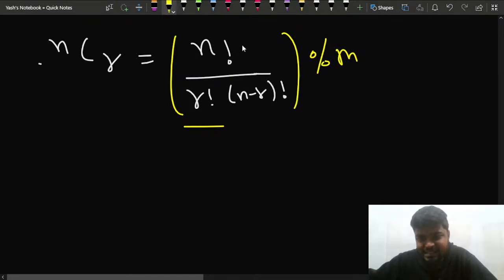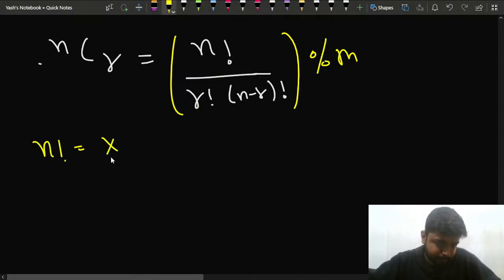So what I'm saying is, this is the expression that you have. So how do you calculate this particular expression? Let's say you have n factorial. You denote some of the things for easier purpose. n factorial is equal to, let's say, a. r factorial is equal to, let's say, some value p.